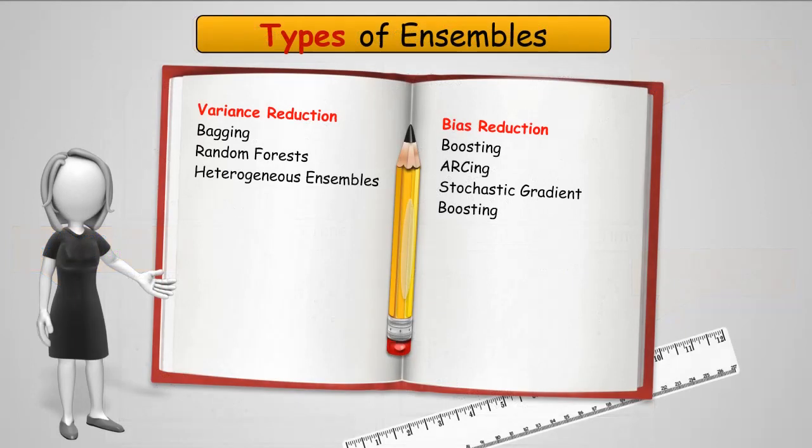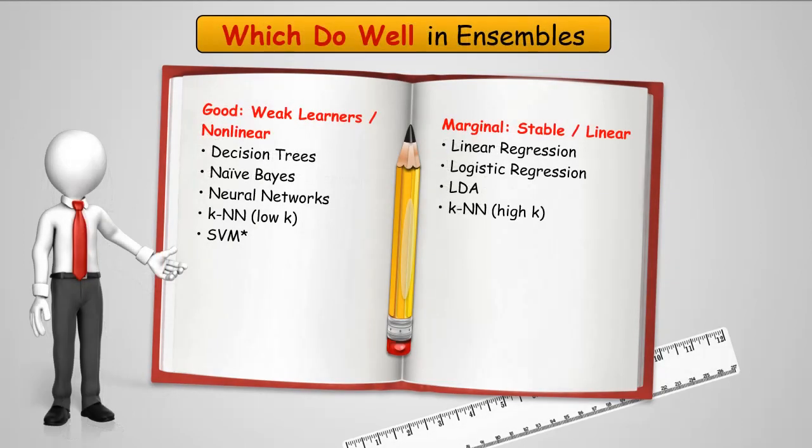So different ensemble methods tackle those two problems. For variance reduction, we use the techniques of bagging, random forest, and heterogeneous ensembles. If we're trying to reduce bias, it's going to be through boosting, arcing, or stochastic gradient boosting. Which models do well in ensembles?